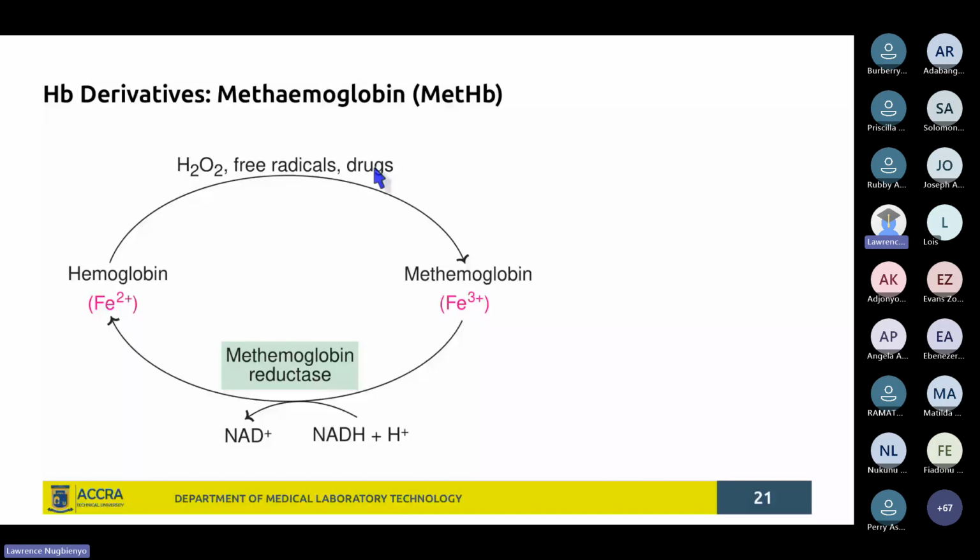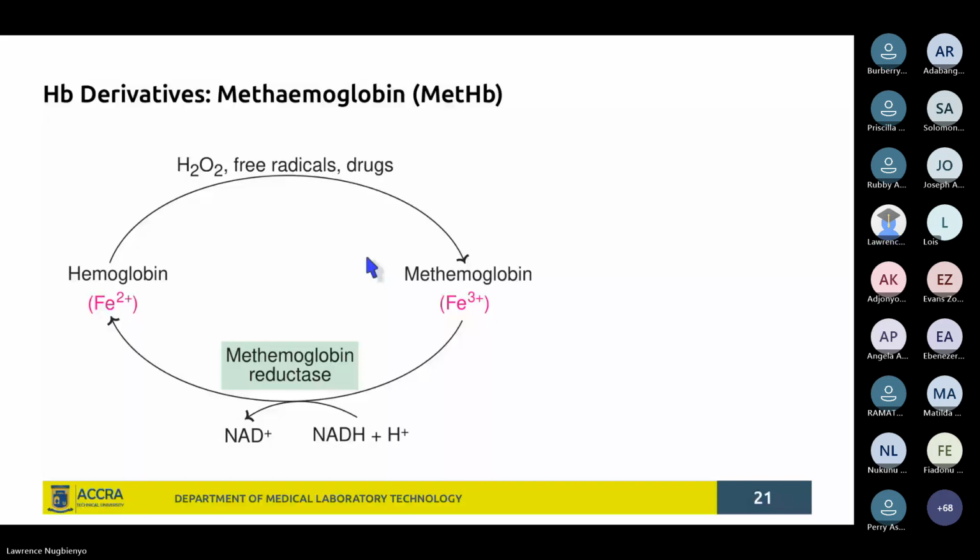There are some drugs, like some antibiotics such as sulfonamides, for instance, that can cause this oxidation of the ferrous ion to ferric ion.